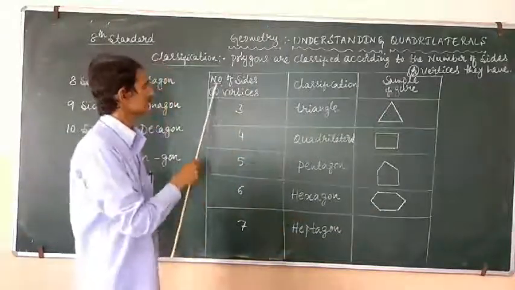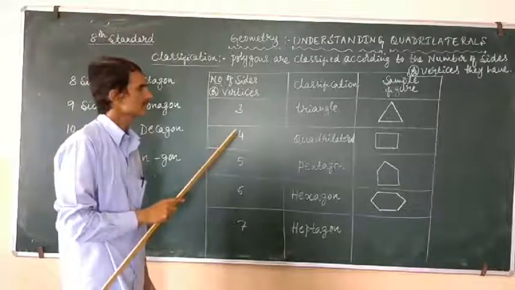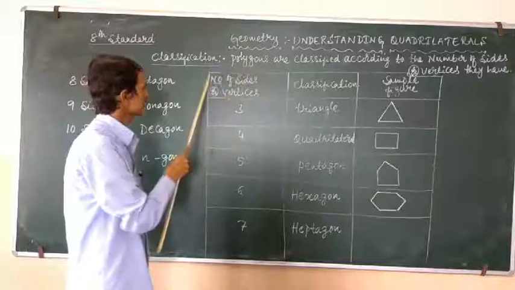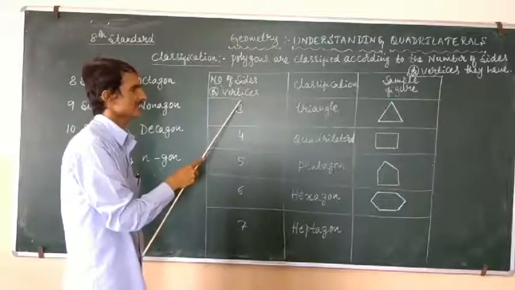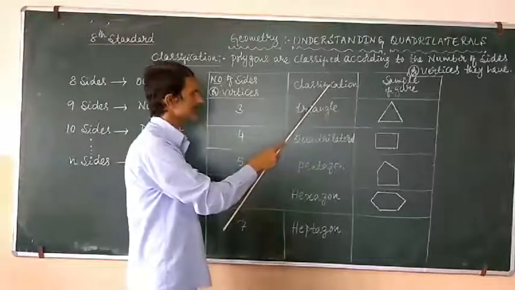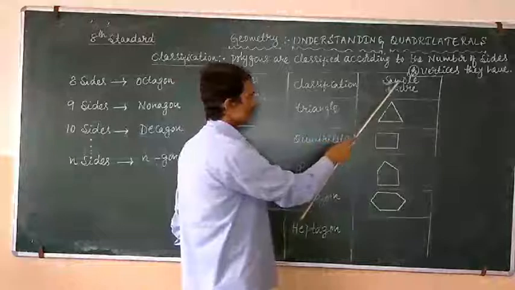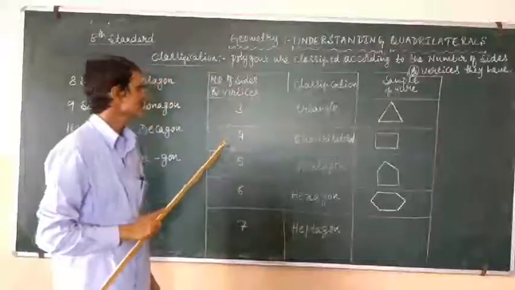Observe here the number of sides or vertices, the classification or name of the polygon, and a sample figure of the given polygon.